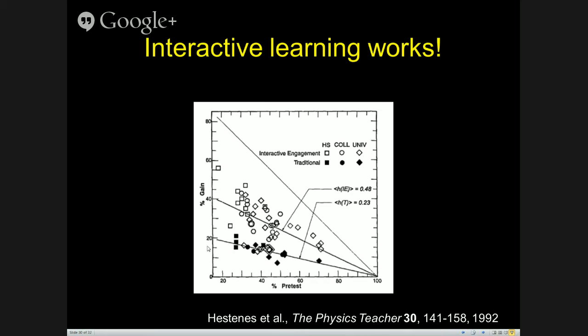Those people who had the traditional lecture did not score as well as those who received the interactive learning. So there is proof that interactive learning and engaging your audience works and is an effective way to make a memorable presentation.